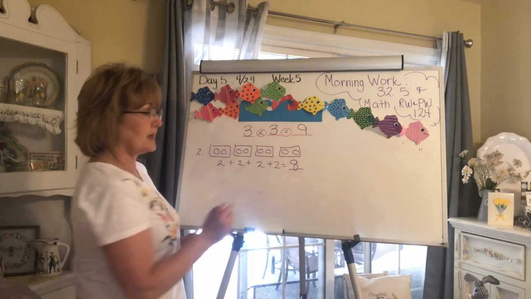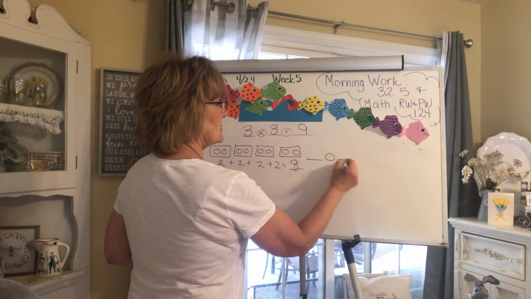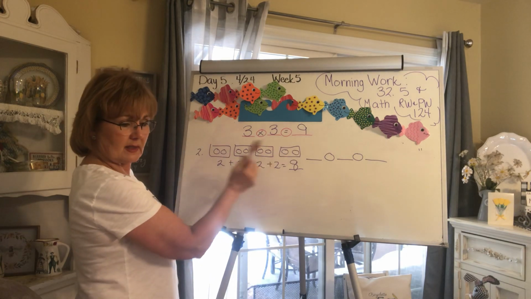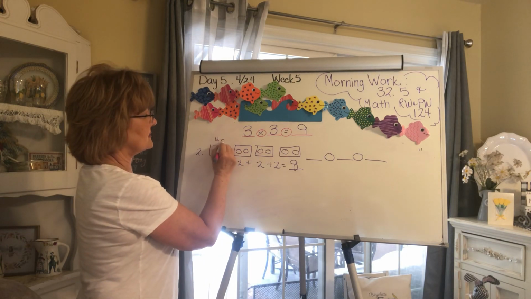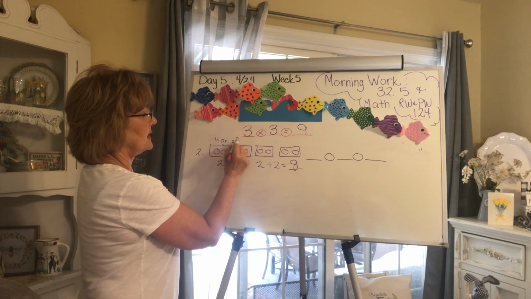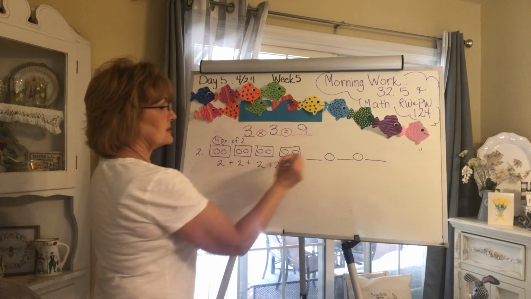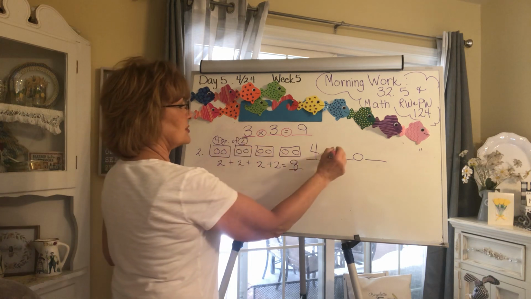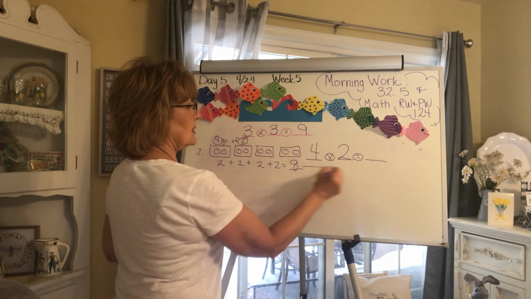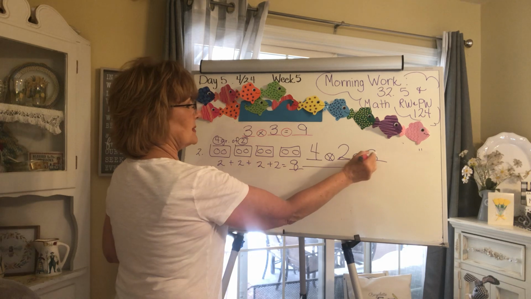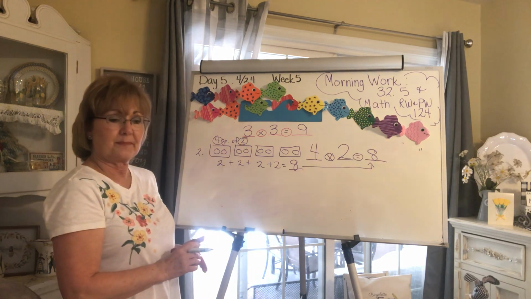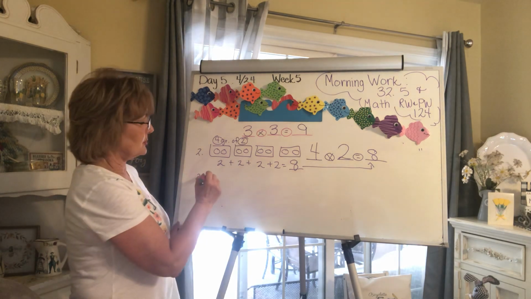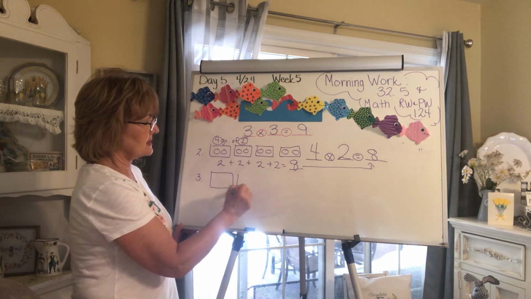And your corresponding multiplication problem would be, how many groups do you see? Whatever number here, it says 4 groups of 2. So it's 4 times 2, and that will equal the same number as if you were to add them. All right?